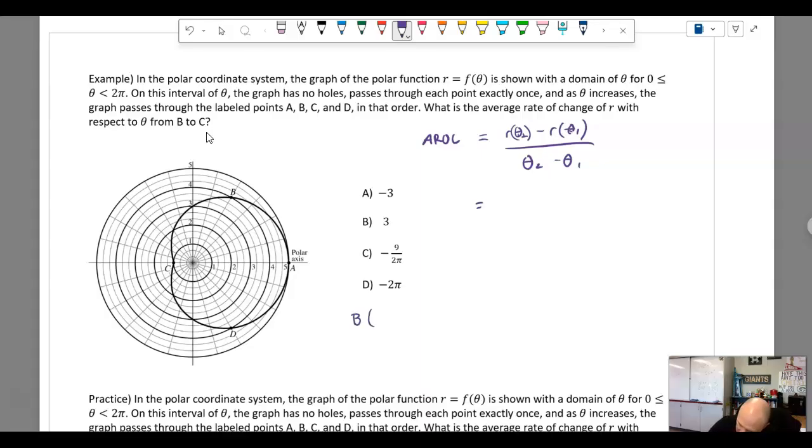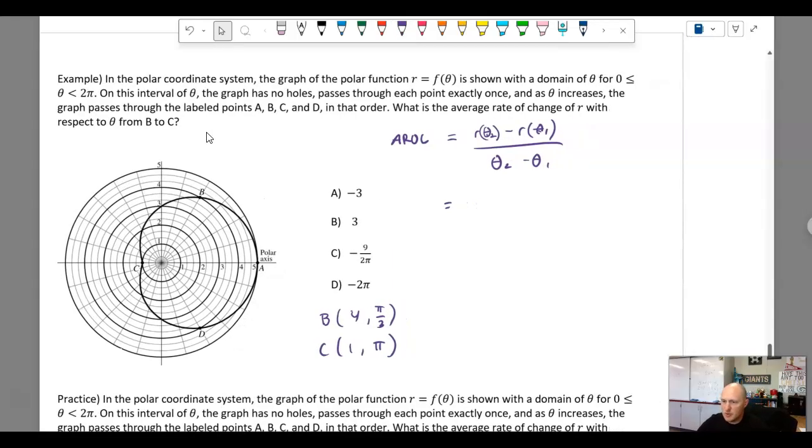If we look at B, it looks like B is, what is this? Sorry, radius goes first. A radius of 4 and an angle of pi thirds. And then C looks like it has a radius of 1 and an angle of pi.